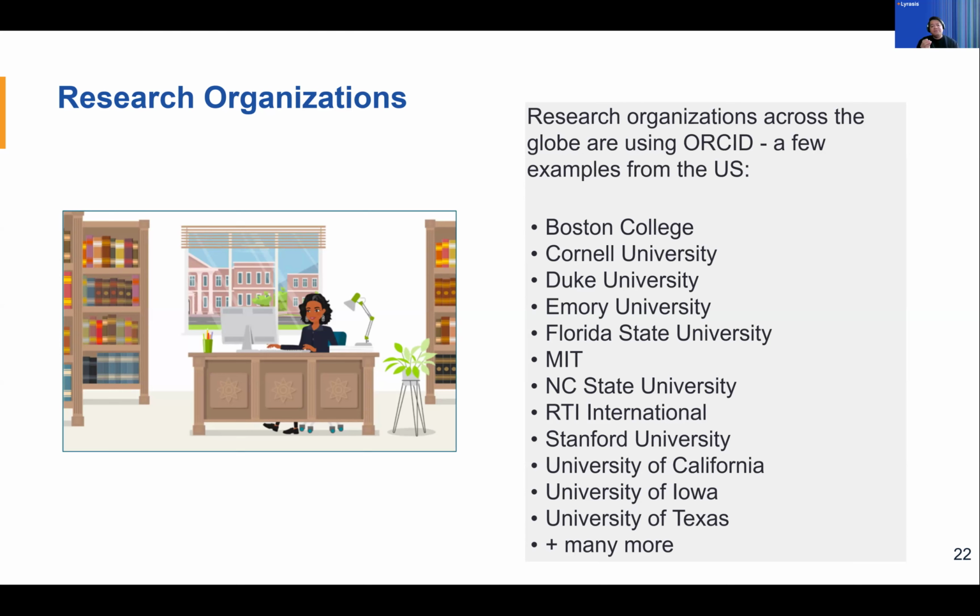They're basically requiring their graduate students to have an ORCID ID, and they make that connection in their system. They've created an ORCID integration that connects to ORCID, and students log into that system and make the connection between their ORCID record and the university.